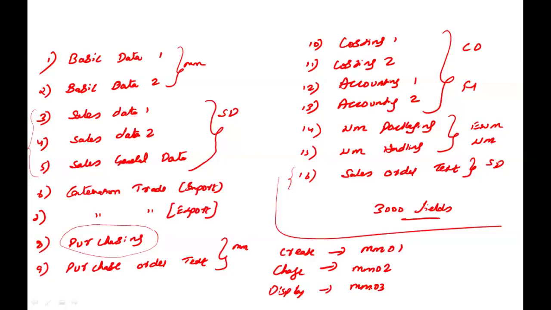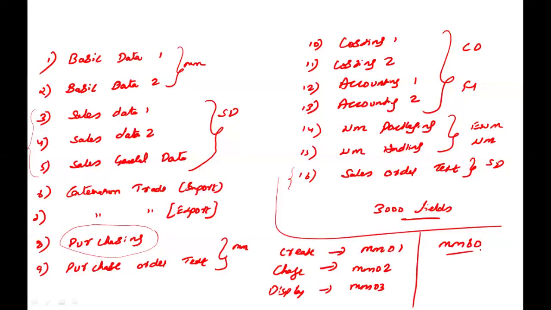And to see the list of materials you have created, the transaction is MM60. You can put this transaction in the transaction bar and click enter. That will show the list of materials created in this system.